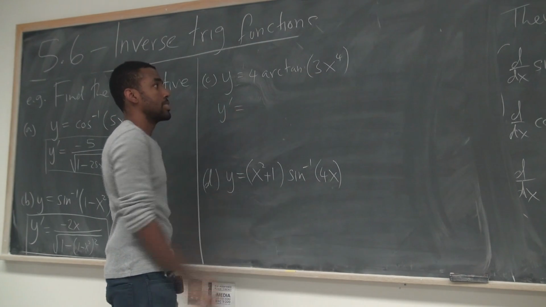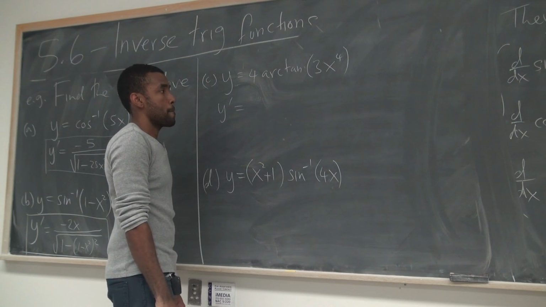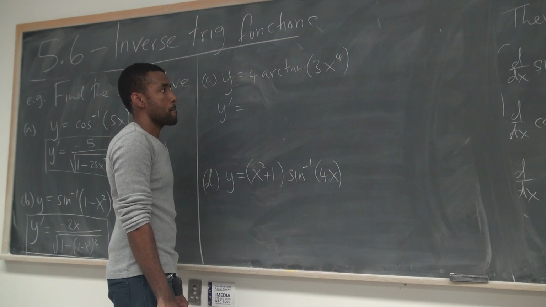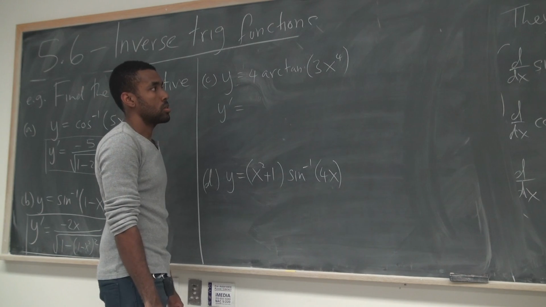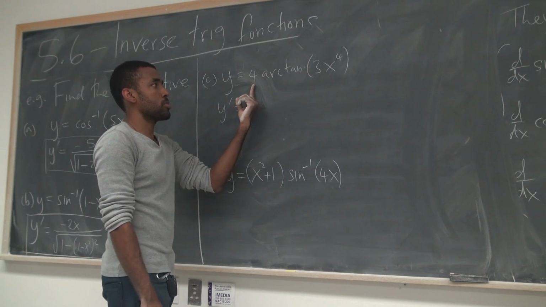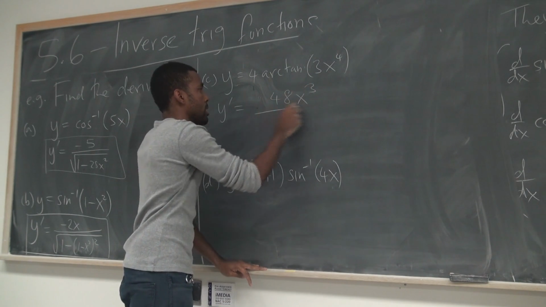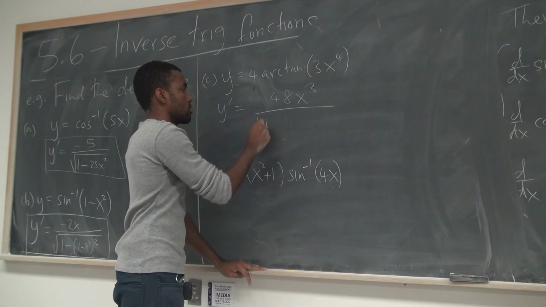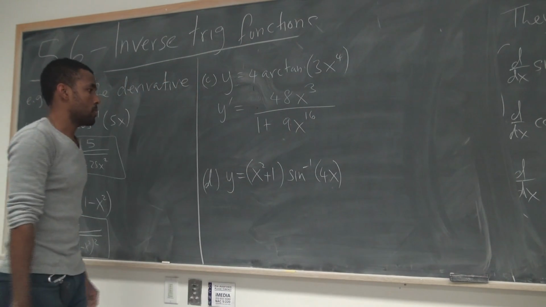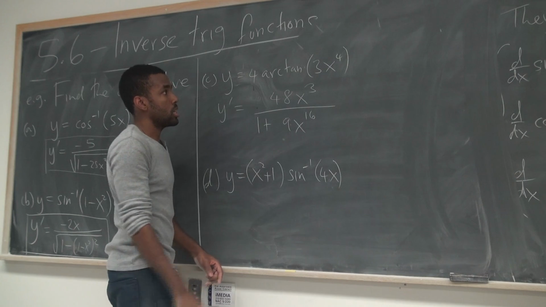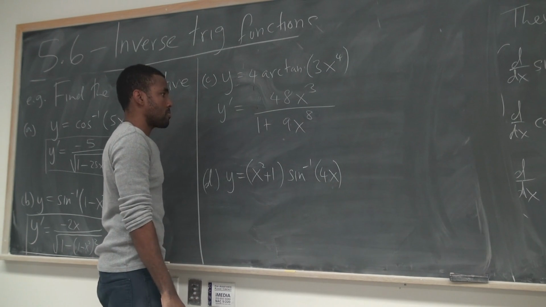Y prime here: 12x cubed over 1 plus, but remember there's a 4 here, so 4 multiplied, 48x cubed divided by 1 plus x to the eighth to the power, which is 1 plus x16.